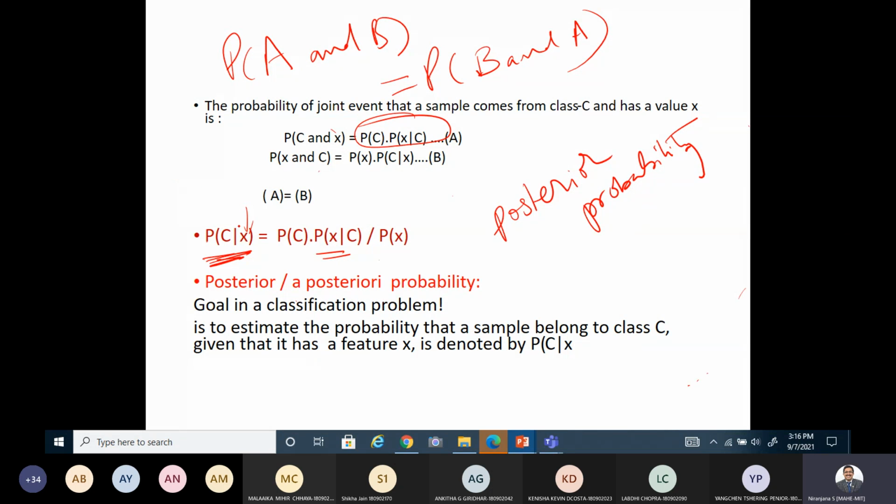Then you are trying to estimate which class it belongs to. That you can predict using a probability. So this probability is slightly different from this probability, if you observe.